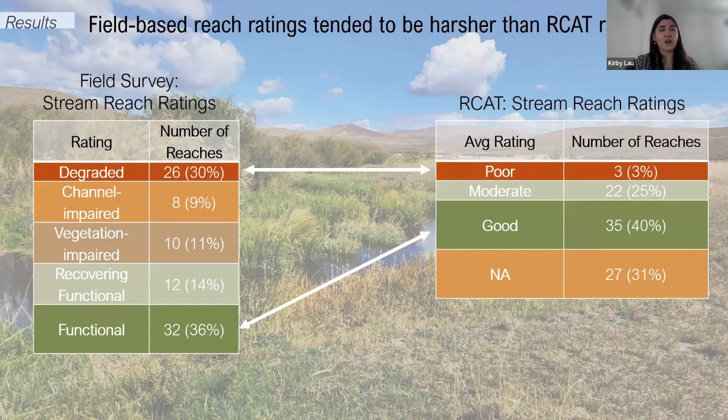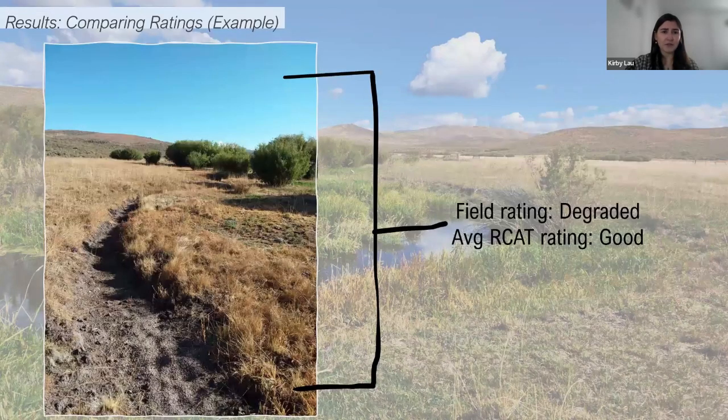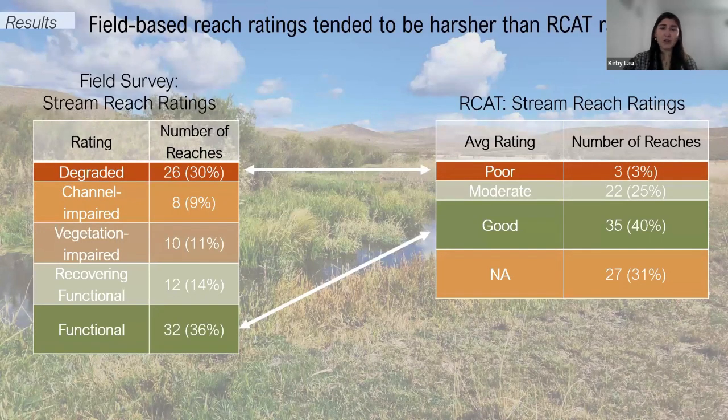And they placed about 40% of reaches within the good category, which is actually pretty close to our 36% of reaches that we rated in the field. And so overall, there was a pretty solid match between RCAT and field ratings when conditions of reaches were good. But once reach condition began to degrade, RCAT wasn't picking up as much on those cues like we were in the field.